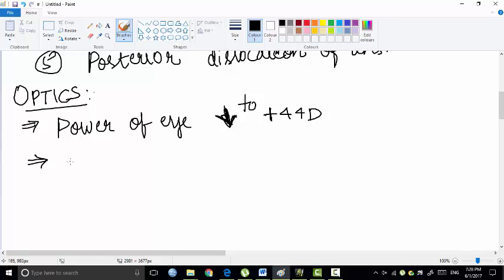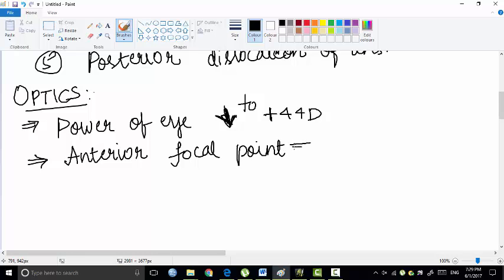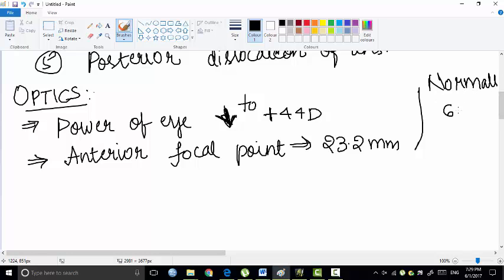And the second thing is the anterior focal point, which becomes 23.2 millimeters. Normally the anterior focal point distance is 15.7 millimeters. What is this anterior focal point?